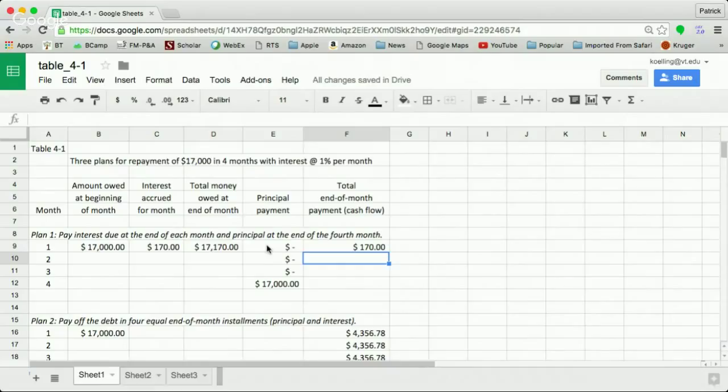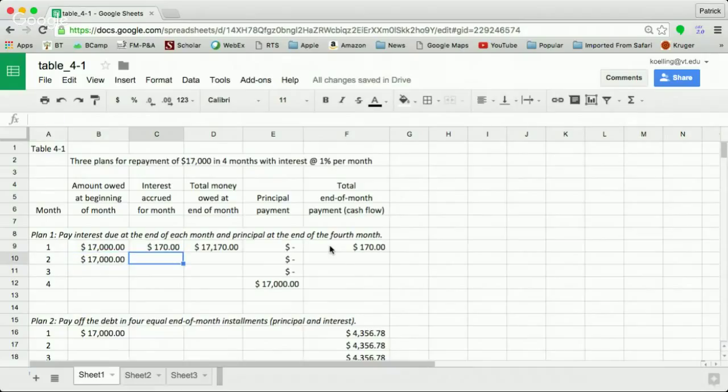So we owe at the end of the month $17,170. We pay $170. So how much we owe at the beginning of the next month is simply the $17,000. Let me go through it a little bit more technically, however. This will be what we owed at the end of the month minus what we paid is how much we will owe, and that's $17,000.